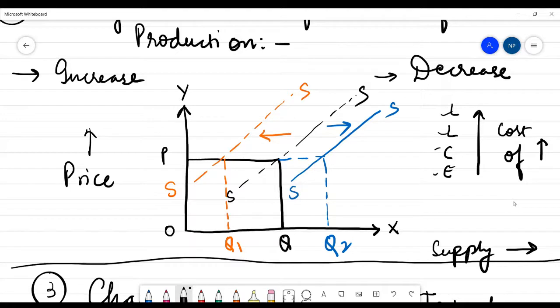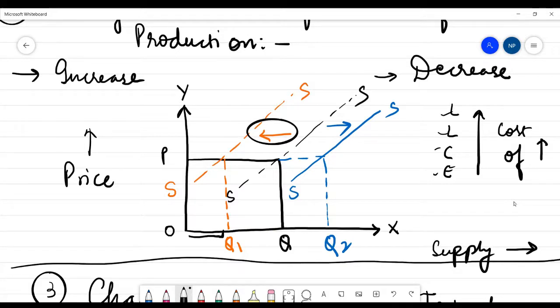So the margin of the profit becomes less. As a result, the supply will fall from OQ to OQ1, and when the supply falls, we see a leftward shift. The orange supply curve will shift to the left hand side at the same price level.